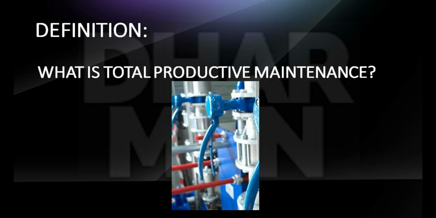Now we can see what is the definition of TPM. A concept with the aim to maximize the productivity of facilities by transferring the responsibility for regular maintenance to the employees.